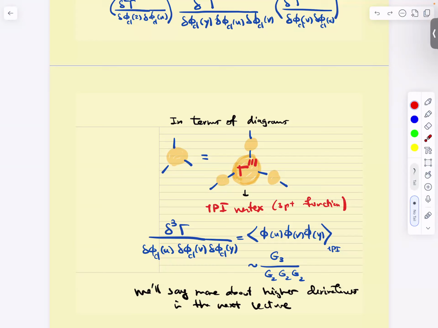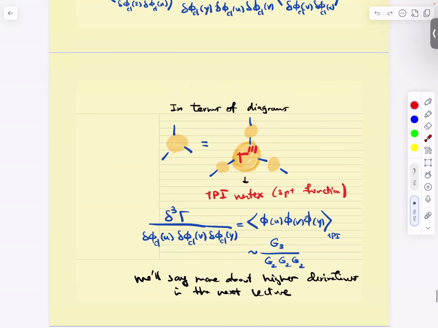What are the other pieces? This is also 1PI. The equations are recursive, right? That's how you prove it. Because if this was 1PI, putting it this way, this will still contribute to this guy. So we're going to do this in the next slide.